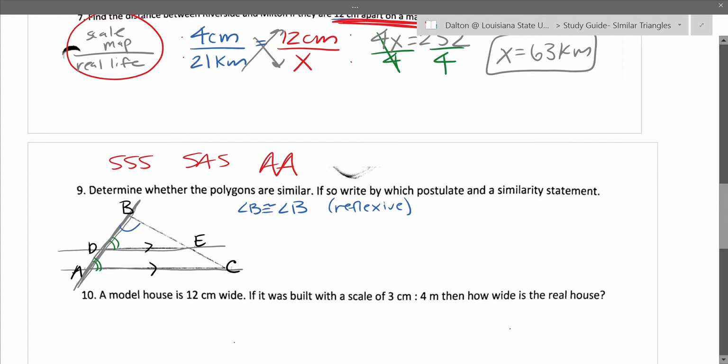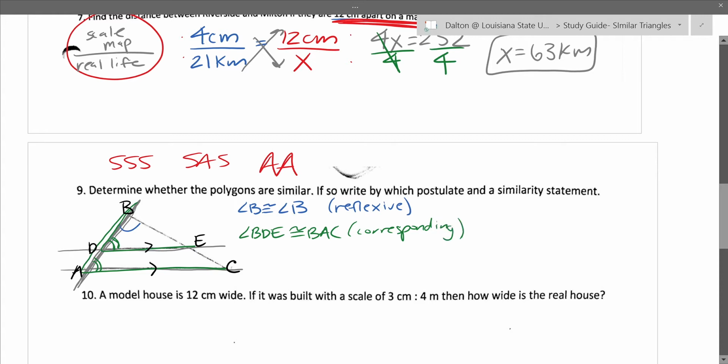The first one will be angle BDE, that's this angle here. BDE is going to be congruent to angle BAC. And with those two parallel lines and a transversal, it's because they are corresponding to each other. Notice they're in the same spots.